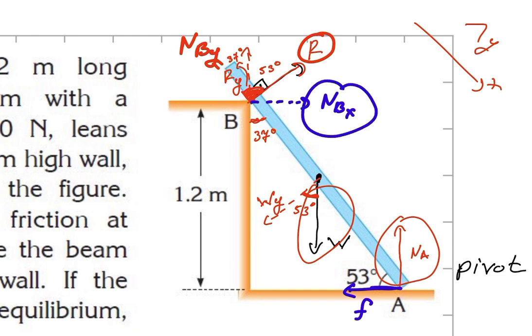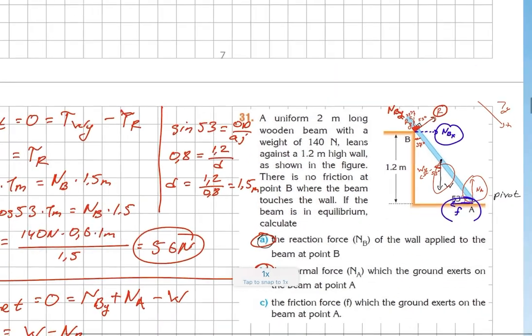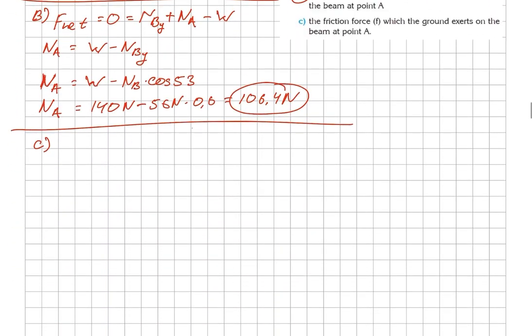So the value of NB by X must be equal to the value of the friction. I will write it like this: NB by X will be equal to the friction.